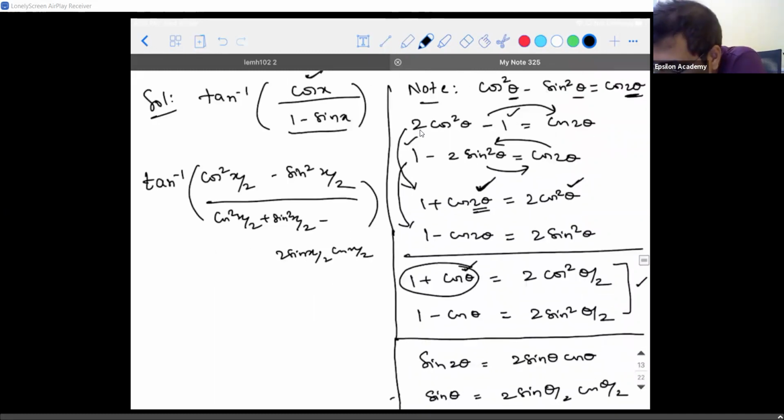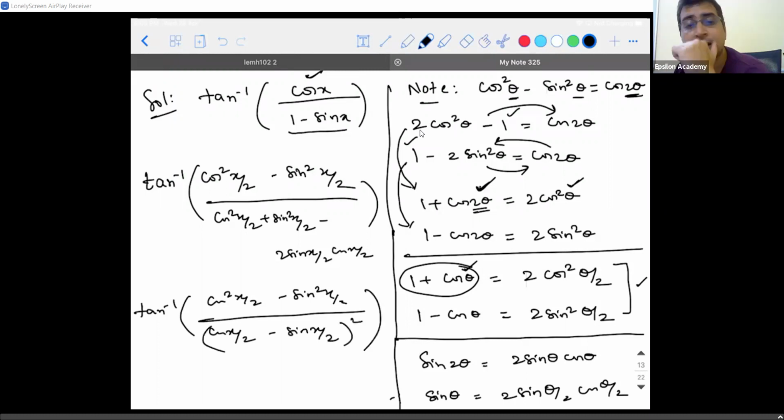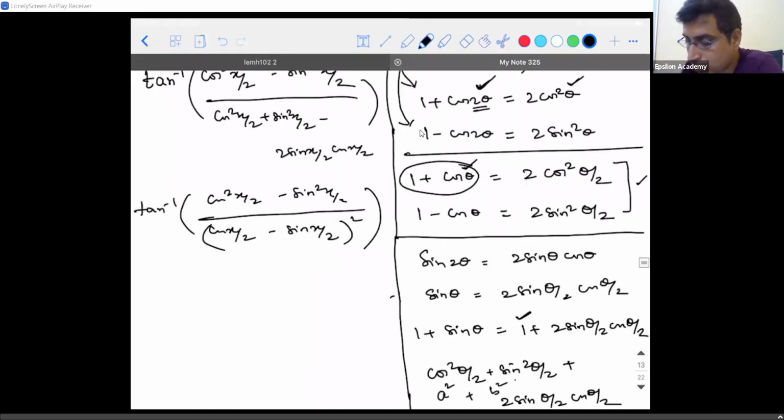So now what will I have done? Tan inverse of cos square x by 2 minus sin square x by 2, the whole divided by cos x by 2 minus sin x by 2 the whole square. Now this is going to be tan inverse of cos square x by 2 minus sin square x by 2.